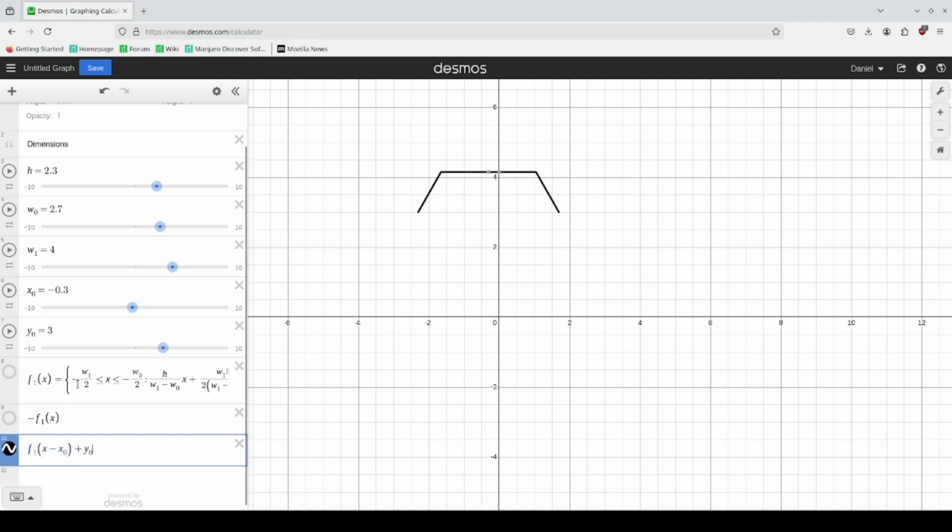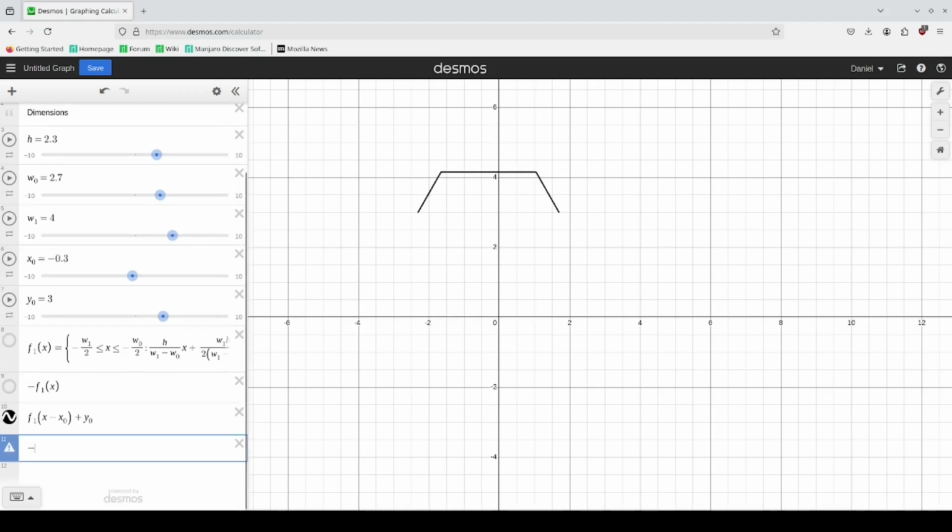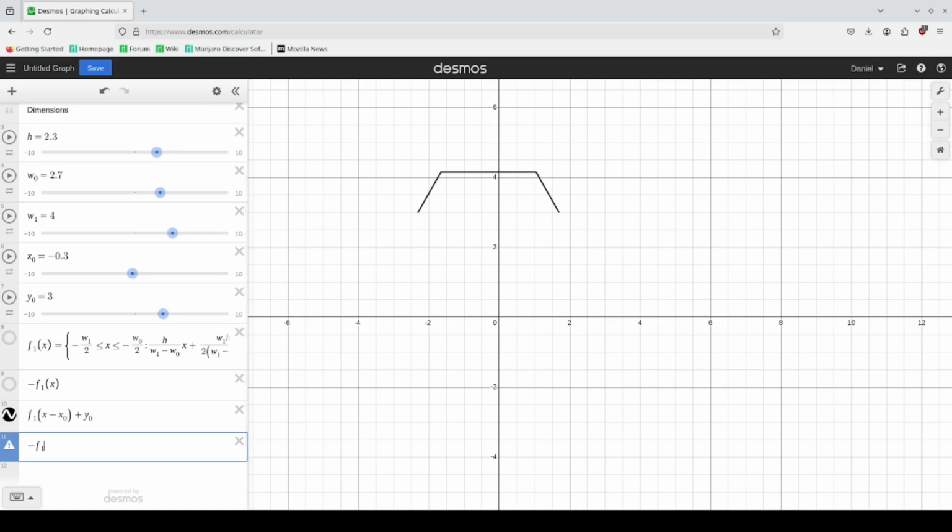So this is why I opted for a piecewise equation rather than splitting them up like I used to do in the past. Plus, there's only 3 equations. If we end up having a bunch, well, that's a different problem. So do the same thing. F minus f of 1, x minus x sub 0, plus y sub 0.